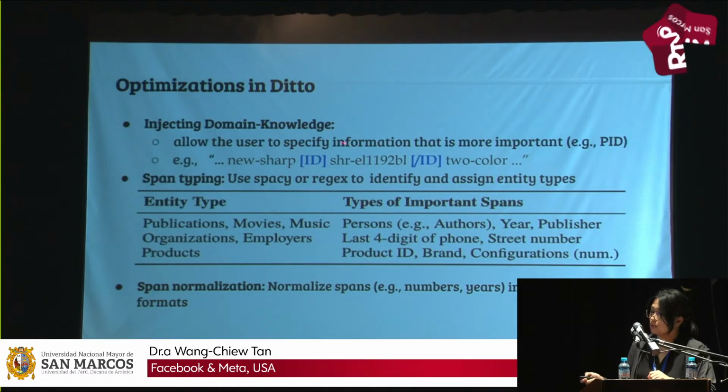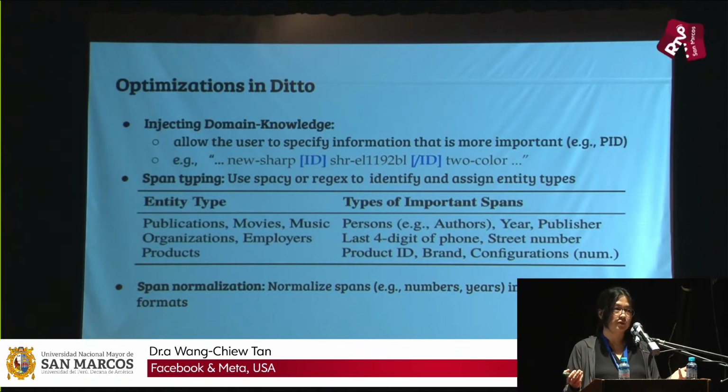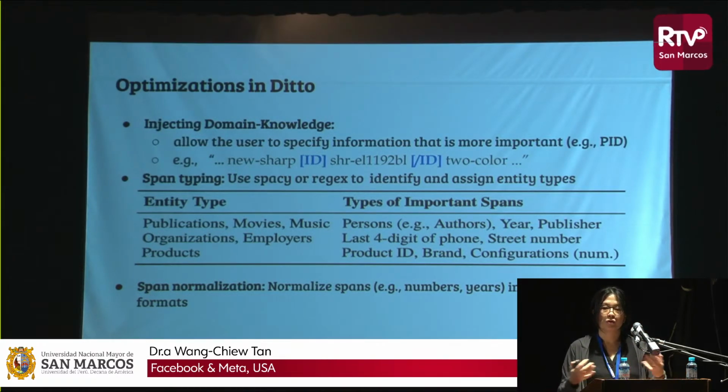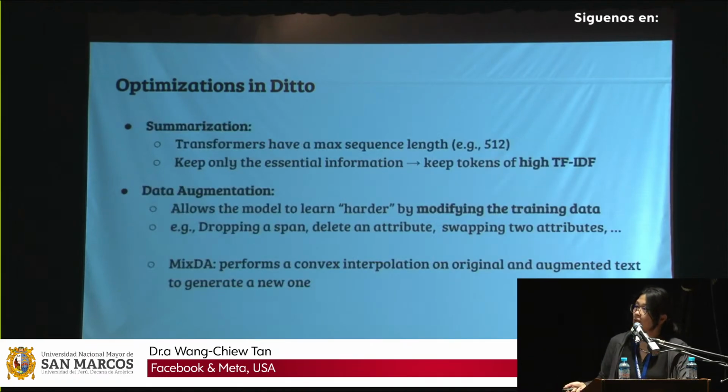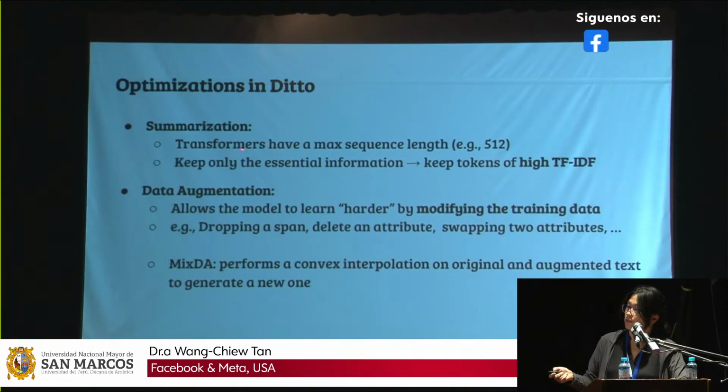So we inject domain knowledge, and we do span normalization too. Think of phone numbers: there are so many different ways people write and format them. We normalize them so that it's easier for the model to know that these are actually two phone numbers I'm looking at.